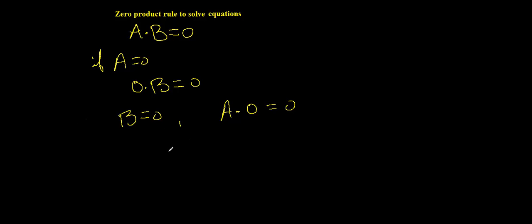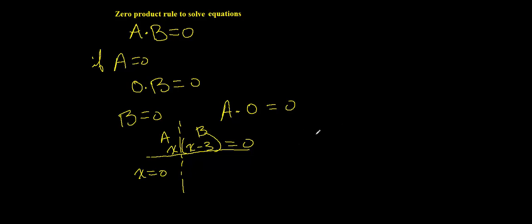So if we apply it to an expression such as x times x minus 3 equals 0, for example, then we can apply this rule by assuming the following. Since we have a product of two things, the left side could be the a part and the right side could be the b part. So we say if a equals 0, that means that x must be equal to 0.